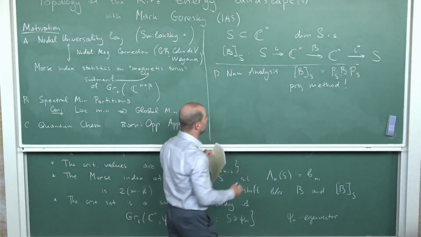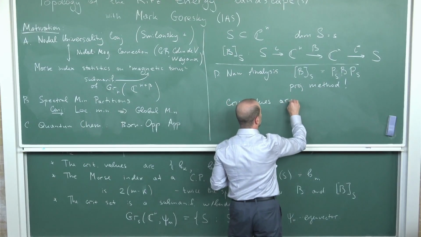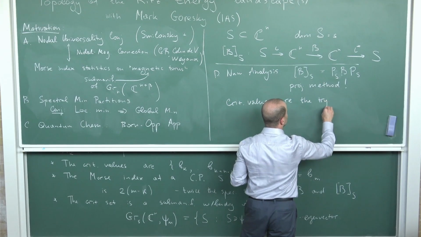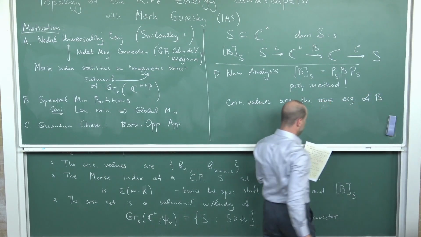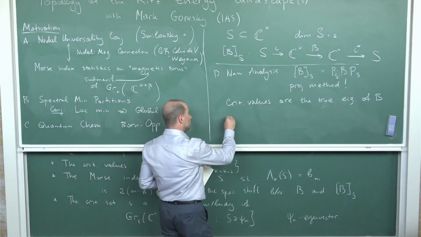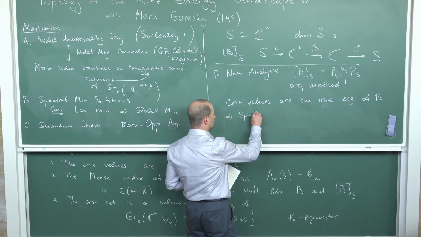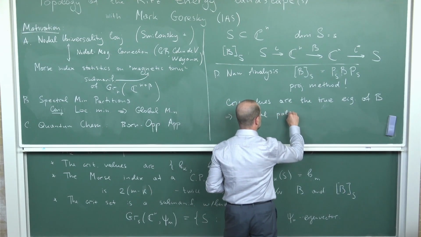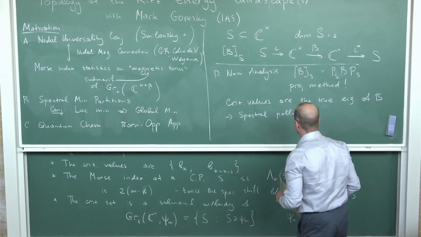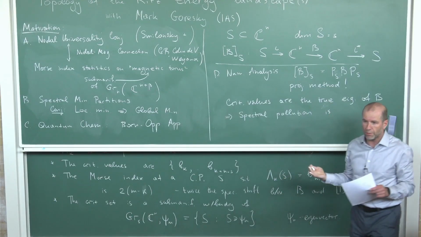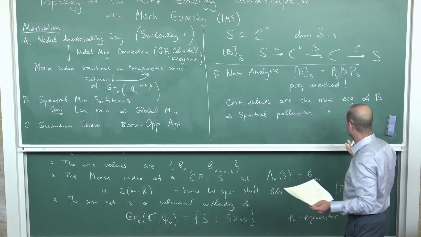These are the true eigenvalues of B, which implies that if you have spectral pollution, you get some eigenvalues that are not coming from B. It's not a critical point, so it's unstable if we start varying the projector on the space on which we're projecting.